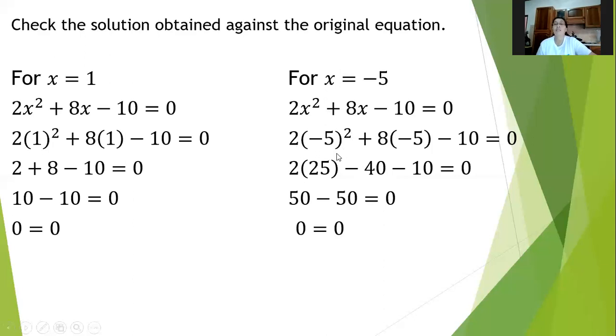Negative 5 squared is 25 because 5 times 5 is equal to 25. 8 times negative 5 is negative 40, minus 10 is equal to 0. 2 times 25 is 50. Negative 40 minus 10 is negative 50. 50 minus 50 is equal to 0. 0 is equal to 0, and that is true. That means negative 5 is also a solution of the quadratic equation. 1 and negative 5 are both solutions of our quadratic equation.